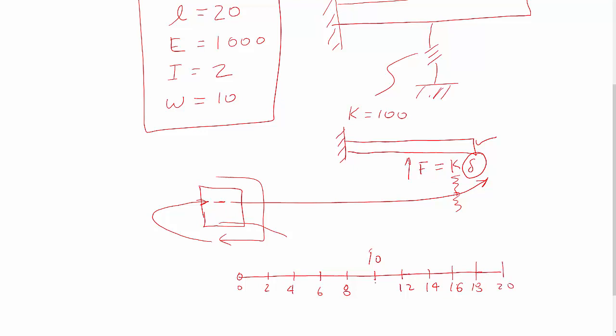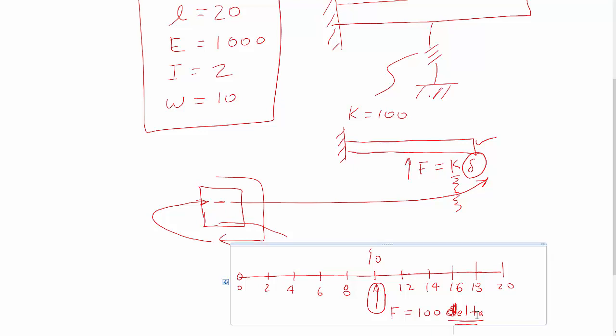The reason I drew this up here is because right here on node 10, I want to determine this force equaling 100 times what I'll call a variable called delta for the deflection. Okay, with that, I'm going to stop the video, go to the other one, and we'll go from here.